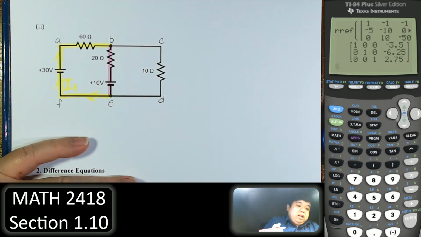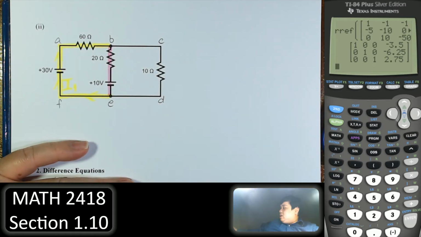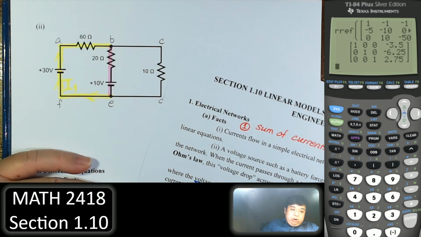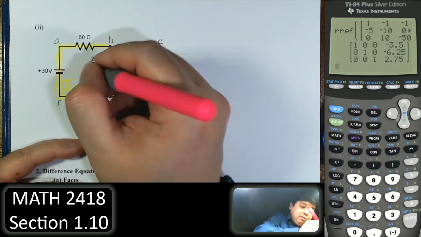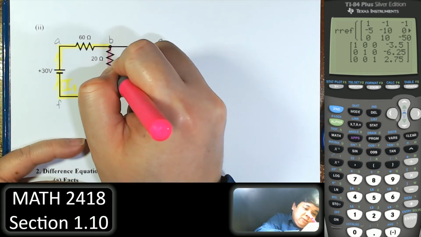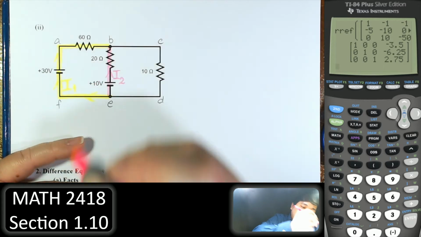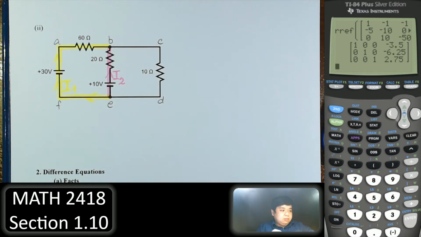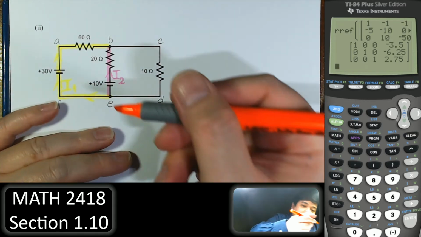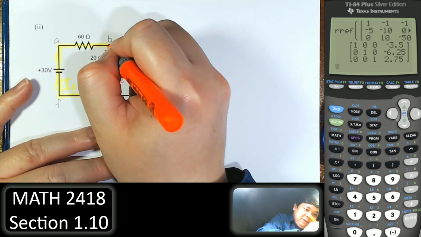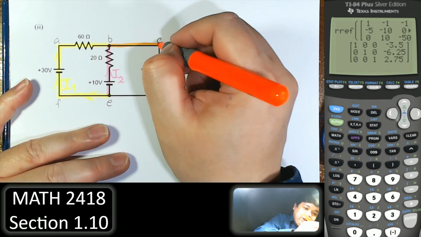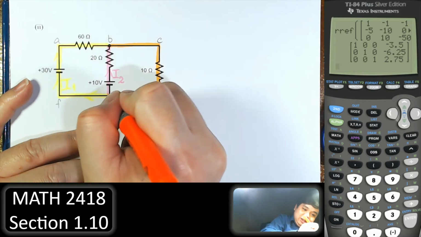Again, we can choose any direction. The last one we say it's going down. Now let's say this one going up. That is I2, and I3 will be the other. All of this will have the same I3.